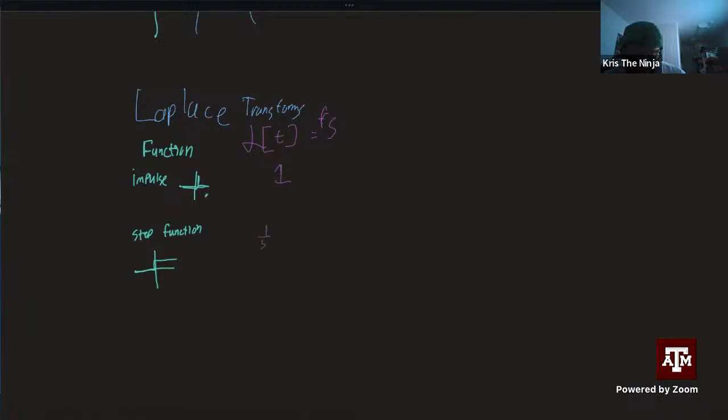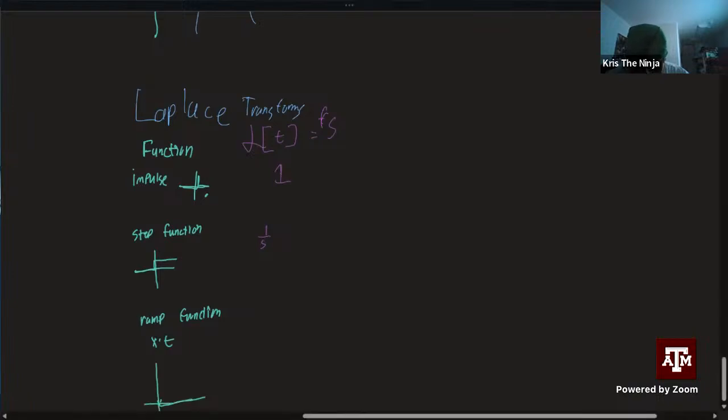If you have a ramp function, that looks like this, that transform is 1 over s squared.